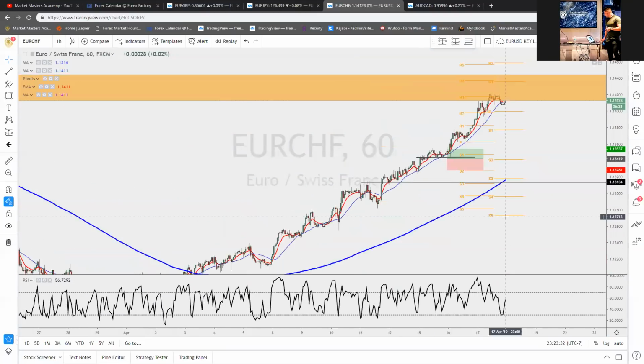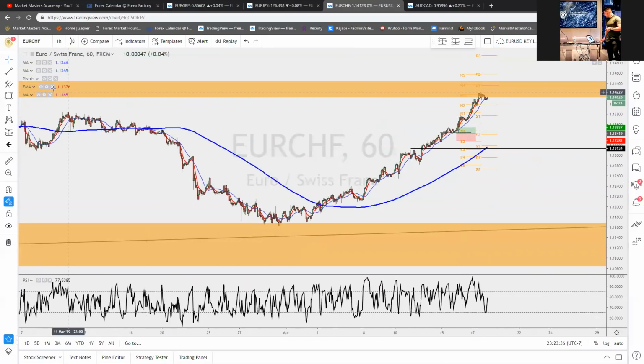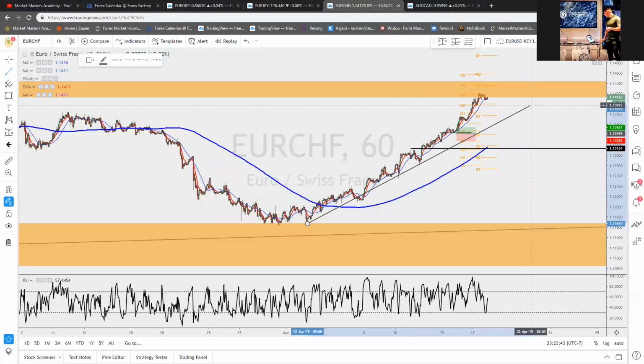Let's see here. There's an uptrend right there, and then there was a stronger uptrend going up like that.